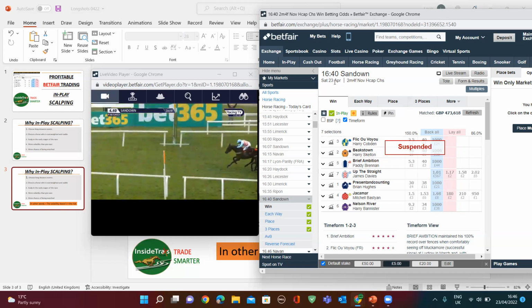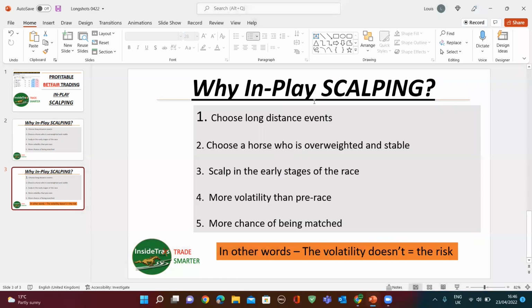Look for these long distance races. So if we just review it: choose a long distance event. Choose a horse who is overweighted and relatively stable. As I said, I would have preferred to have seen Bigstown more on the level, but that's fine. You can see that his upper level of being traded was 5.5, 5.6.